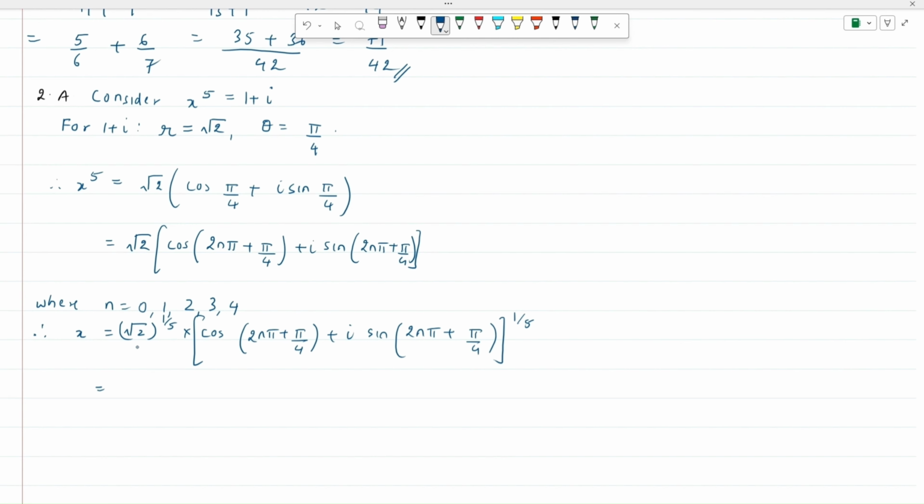Now for the first factor, root 2 raised to 1 by 5, we can rework root 2 and write it as 2 raised to half, and then 2 raised to half raised to 1 by 5 becomes 2 raised to 1 over 10.